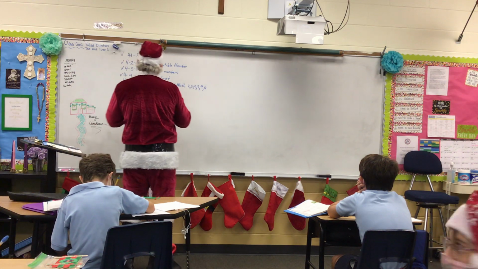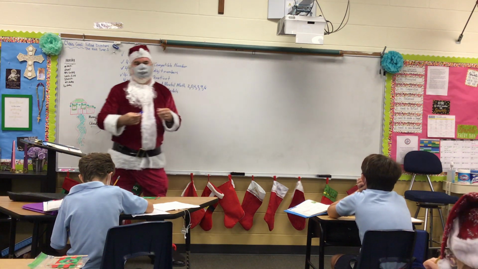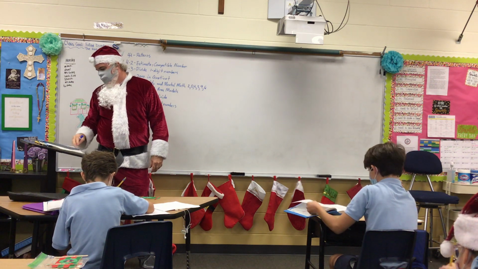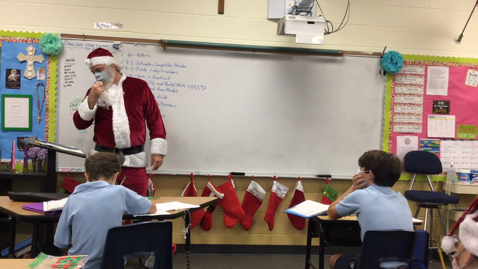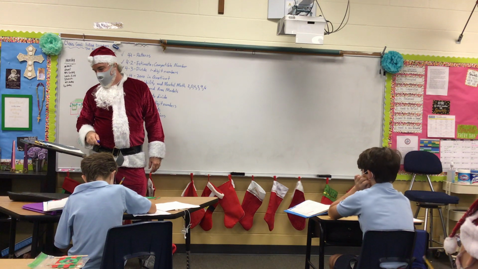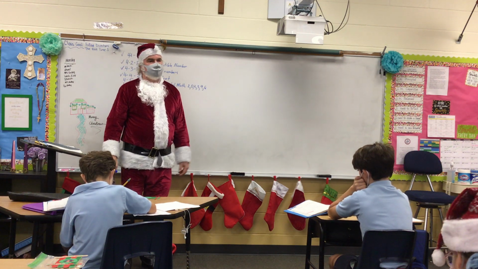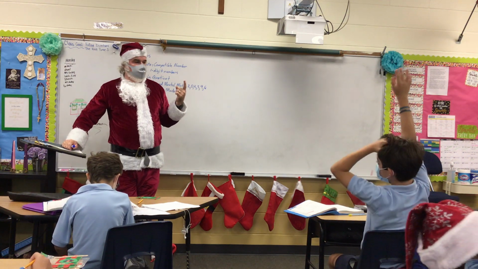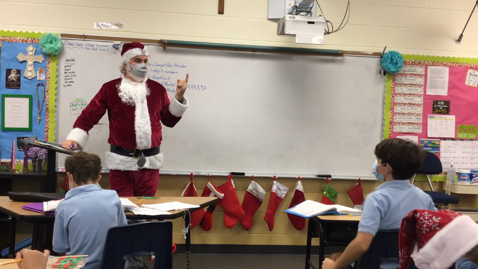The divisibility rules. You ended up with 254,396. In order for it to be divisible by 2, very simple. The last digit has to be even.